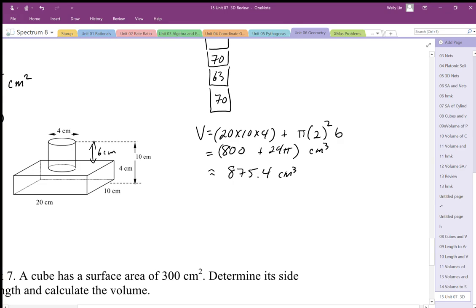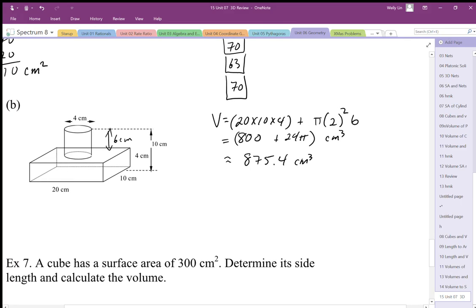Centimeters cubed. So for the surface area of this, the way we can set this up is we can think of this surface separate from the top, but if we just take that top circle, we have a hole in our rectangle here, so we really can just fill that hole.